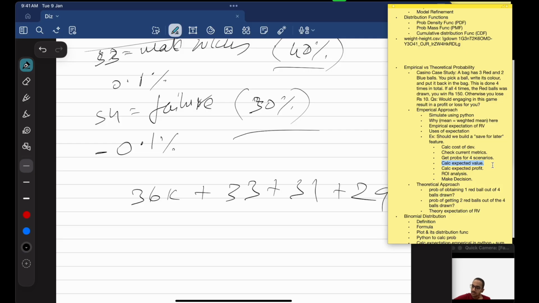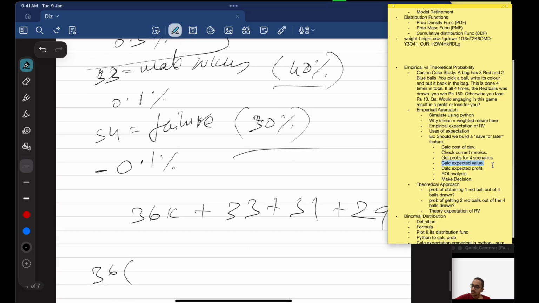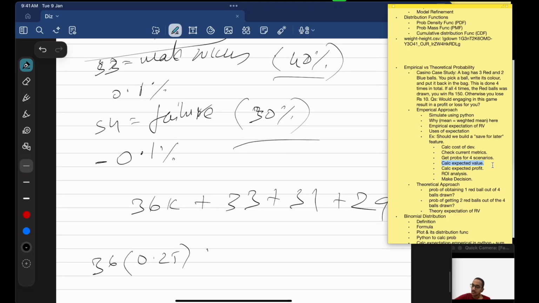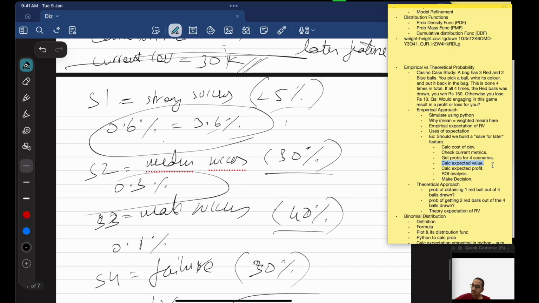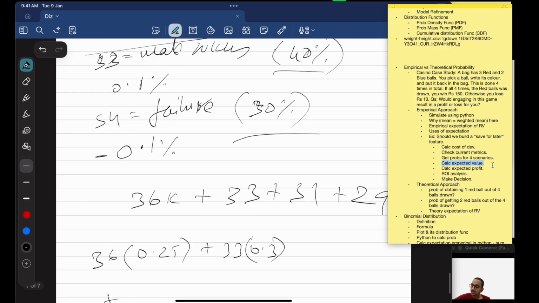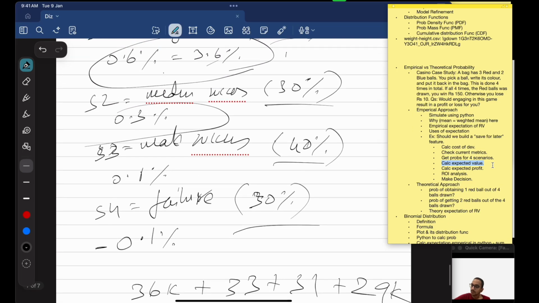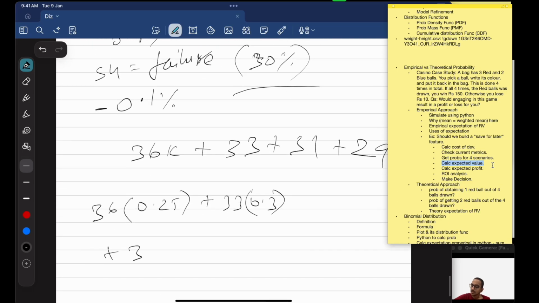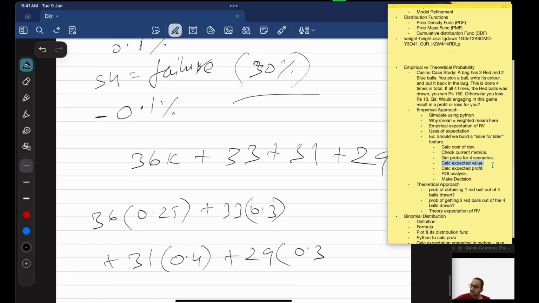Times the probability. So 36 times 0.25 plus 33 times 0.3 plus 31 times 0.4 plus 29 times the failure, which is also 0.3, right? Now when I sum all this, I will get a value.